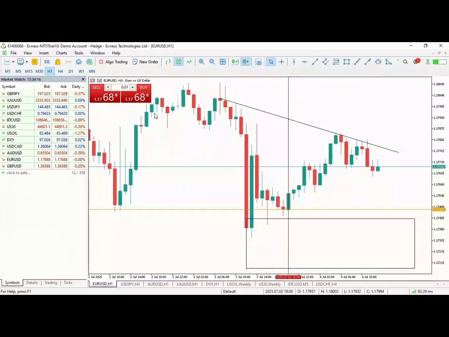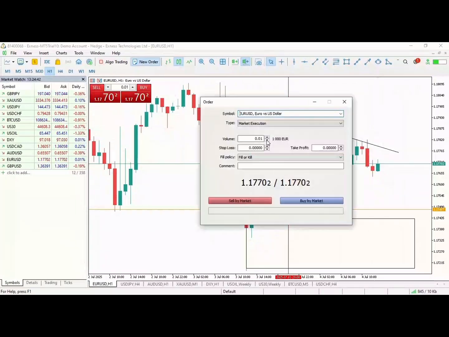Okay, now the order types that you can place in this market, they are about 5. Okay, we have the market order, which is the instant execution, right? Let's look here at the order. Place a new order. Okay, so when you come here, you have market execution. This is the market order. So you have two types, the instant execution and then a pending order.